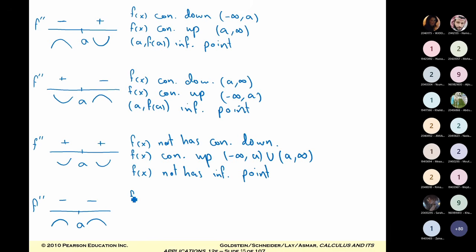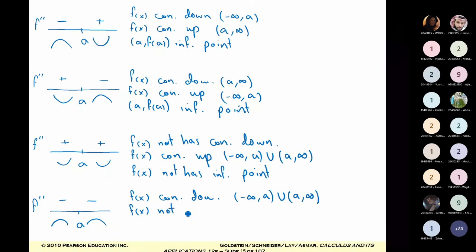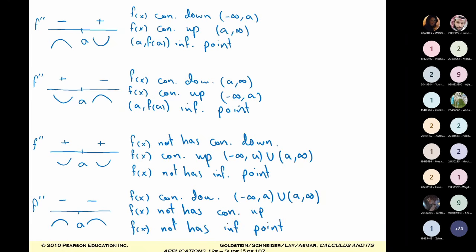The last one, f of x is concave down from minus infinity to A, union from A to infinity, and f of x has no concave up, and A and f of A is not an inflection point, so f of x has no inflection point. These are the cases.